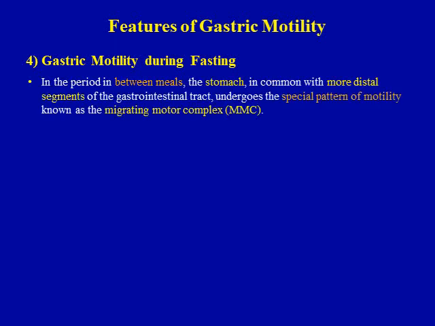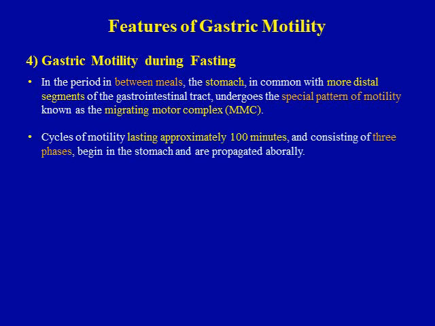Now the main motility pattern that happens during fasting or the interdigestive period. I said there is one main motility pattern, which is the migrating or migratory motility complex, or the MMC. In the period between meals, the stomach, in common with more distal segments of the GIT, and we mean here the small intestine, undergoes a special pattern of motility known as the migrating motility or motor complex, MMC.